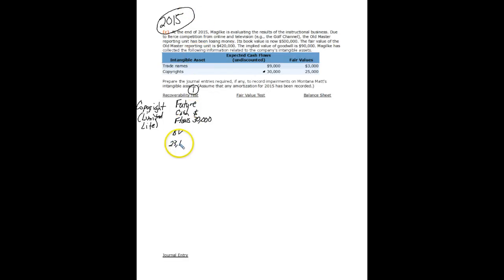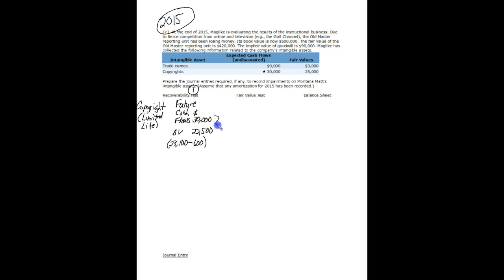So at the beginning of 2015, it was $23,100, but we would have amortized another $600 by the end of 2015. So it would have had a book value of $22,500, right? That would have gone down by $600, the amortization. So now we're at $22,500.